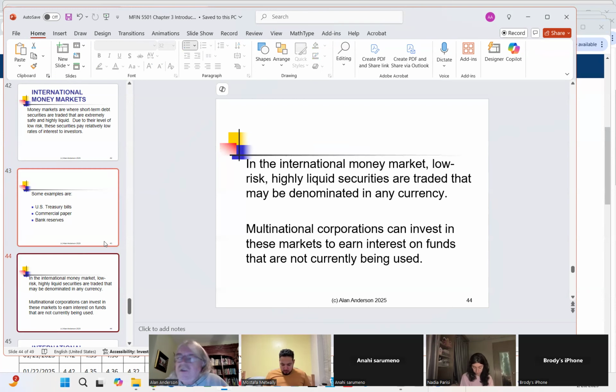In the international market, what's changed is that the securities may be issued in foreign countries by foreign governments, foreign corporations, and it would therefore be denominated in foreign currencies. Now, the biggest customers of these would be multinationals. Let's say you're a big company that does business in England.